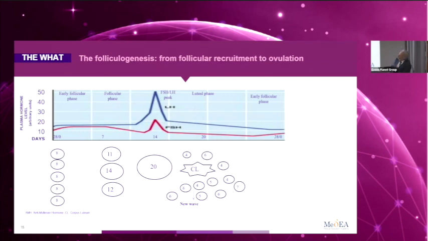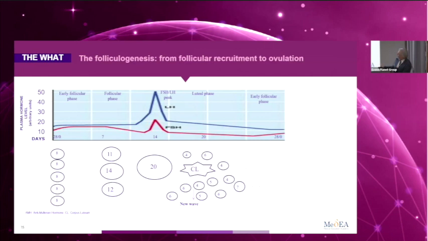So you have a FSH increase, you have a selection of codominant follicle, dominant follicle. When dominant follicle reach a given size, you have LH and FSH peak. And again, you have rupture, ovulation, corpus luteum. At this moment, the FSH peak is making follicles growing. These are probably class 5 follicles for the next cycle.